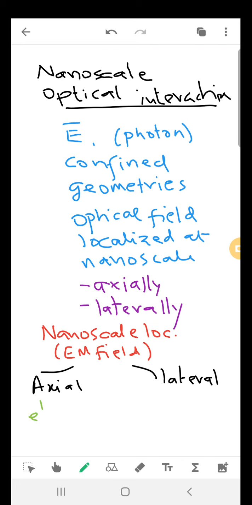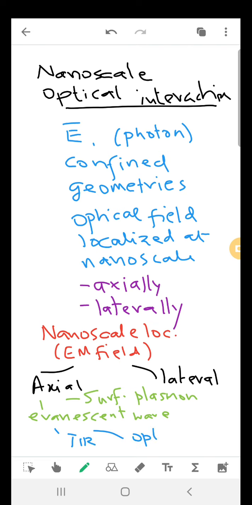One is called evanescent wave and the other one being surface plasma. Evanescent wave can again be further subdivided into total internal reflection and optical waveguides.